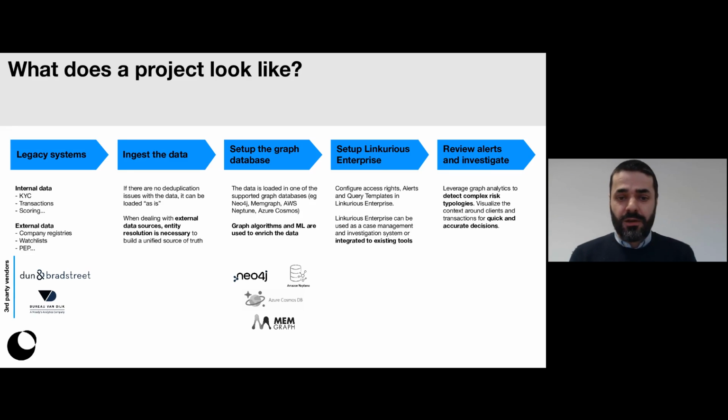Once this is done, you can start the process of reviewing alerts and conducting investigations. So that's what it looks like in terms of a project, and our team can help you achieve that kind of outcome. But we also have partners throughout the world that can assist if you want to do such a deployment.